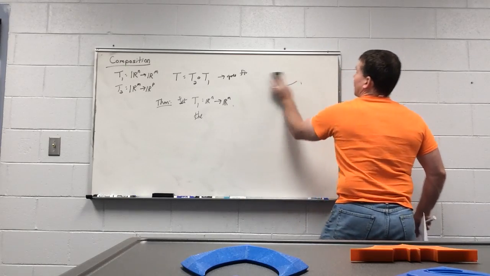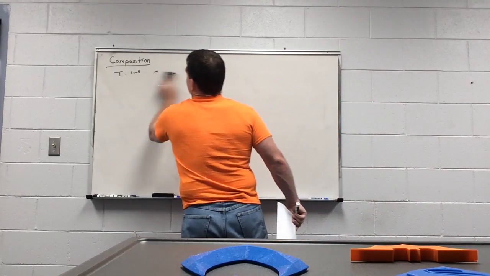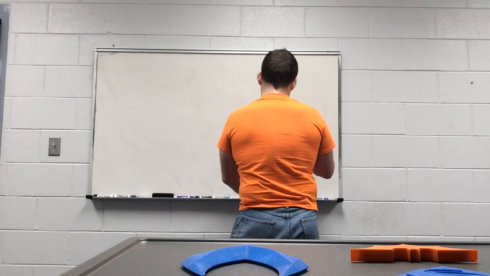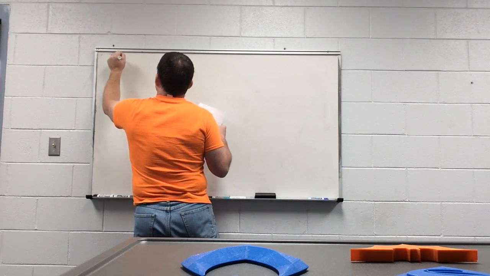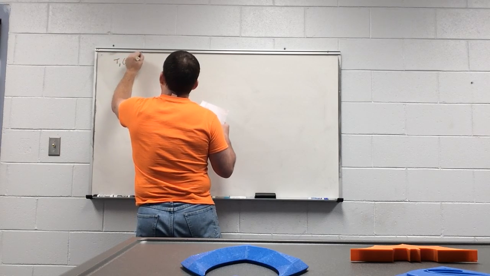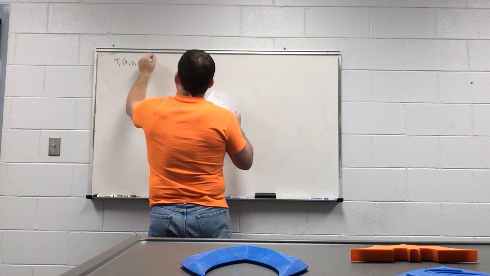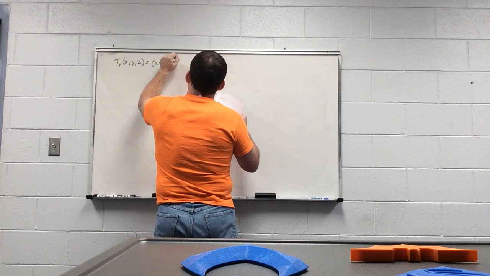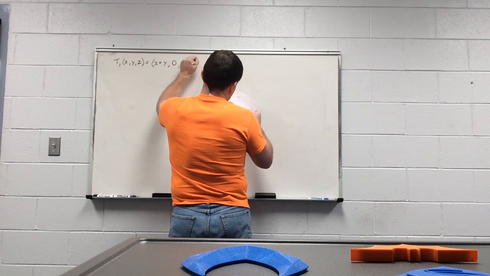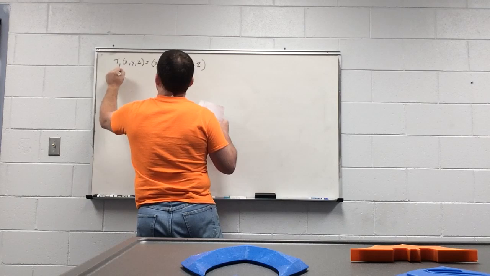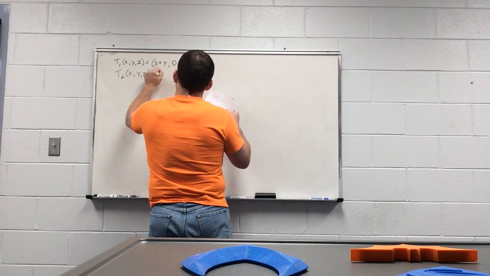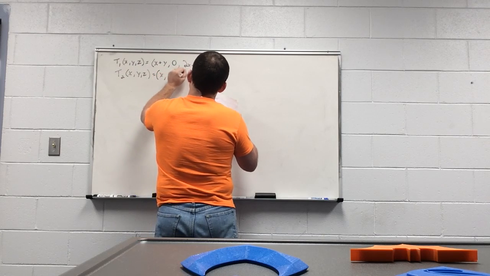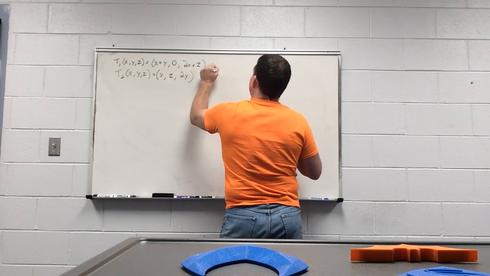So, to kind of work through it, let's see. Suppose we have T sub 1 of x, y, z is equal to x plus y, 0, 2x plus z, and T sub 2 of x, y, z is equal to x, z, 2y.